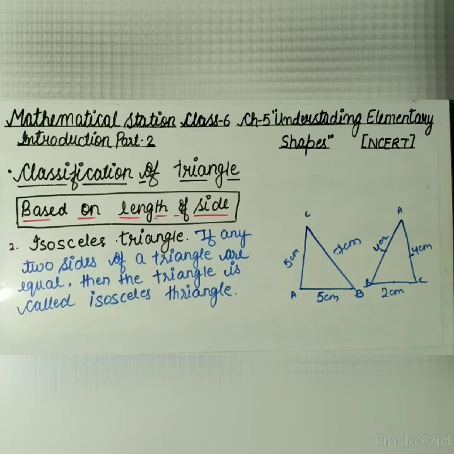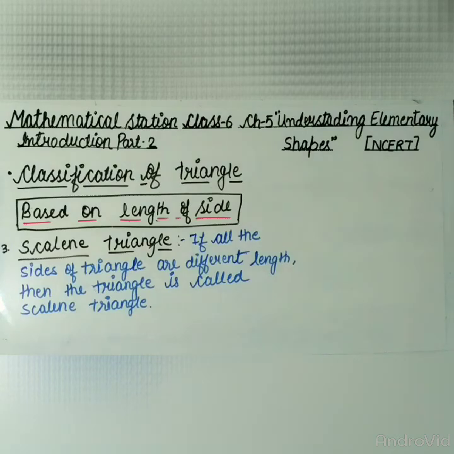Now next under it is scalene triangle, and it is if all the sides of the triangle are of different length, then the triangle is called scalene triangle. Suppose we have a triangle, these are its sides.